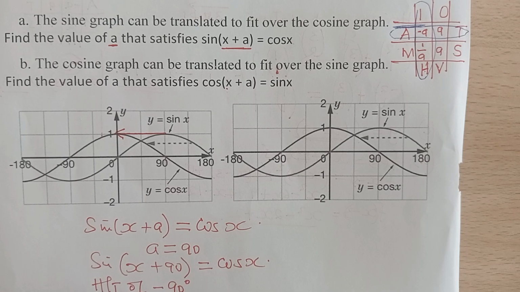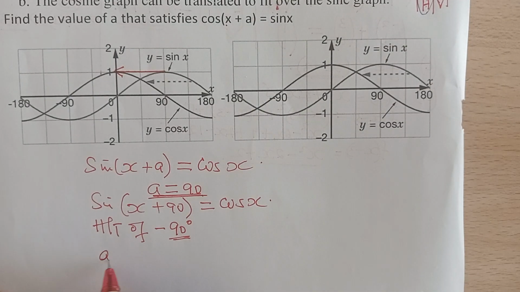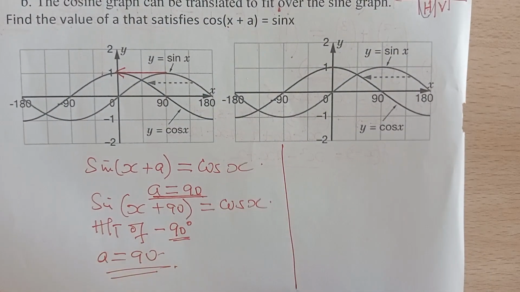Negative ensures that we go to the left along the parallel to the x-axis, and therefore in this case our A is just 90. It goes without saying, our A is 90 due to that explanation.